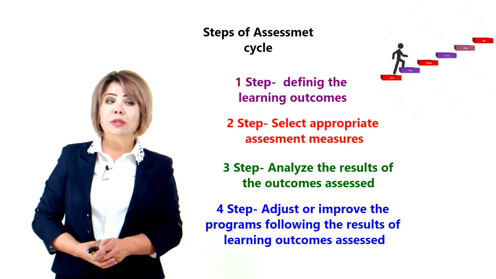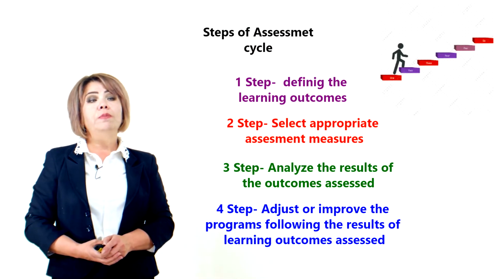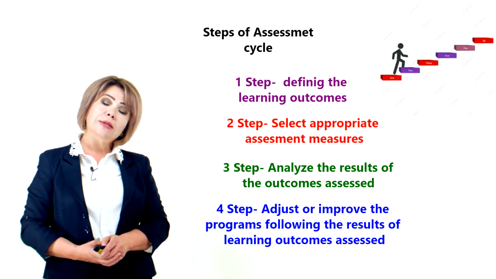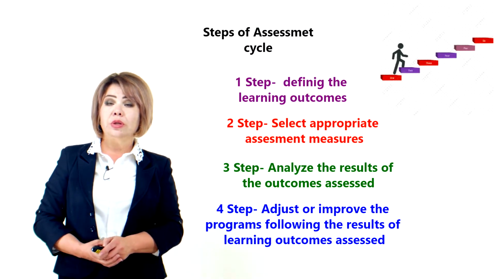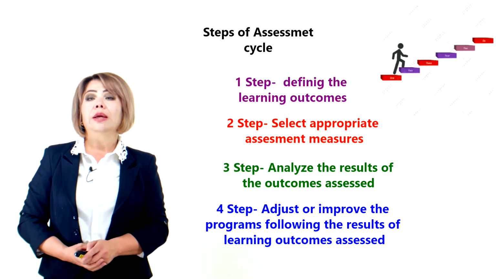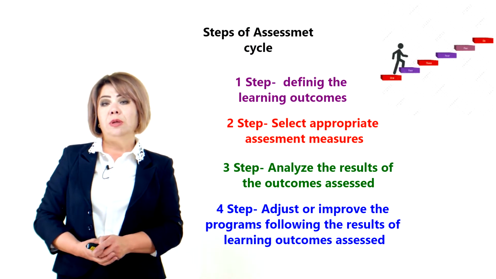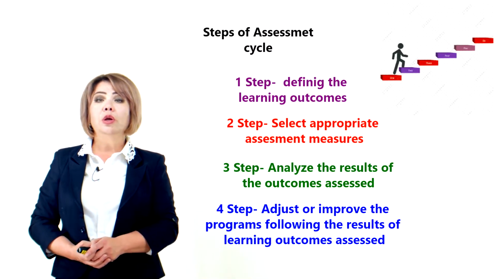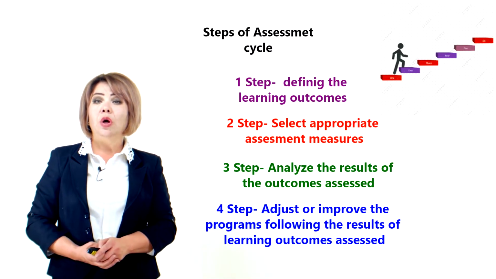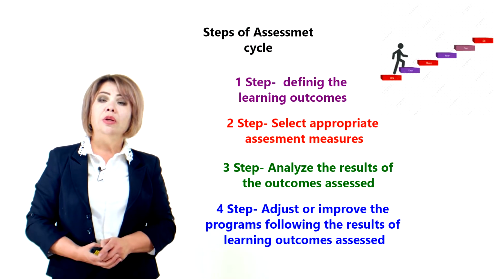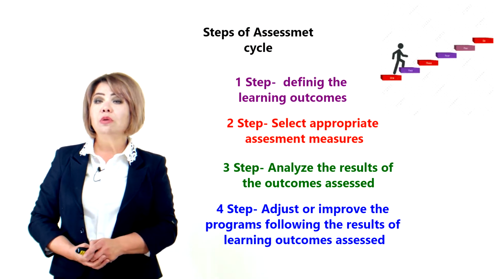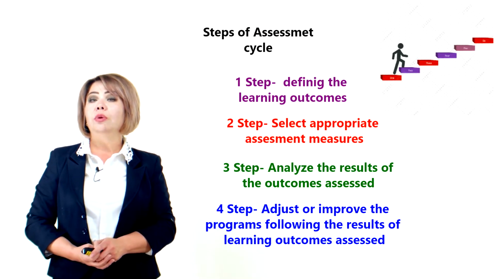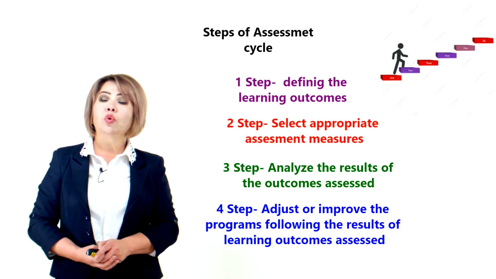The next step says: adjust or improve the program following the result of the learning outcomes assessed. What does it mean? After collecting that material, the information not only speaks about learning, it may also speak about teaching. That's why, if something is wrong with learning, you may change the program, you may change the technique, you may even change the method and of course the content.